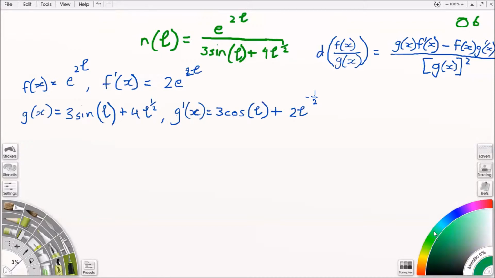Alright, sweet. So now that we have that, we can change back to the green color, I reckon. Now we can take these and derive this so that it looks like this here. So the derivative dn/dl, the change in n with respect to the change in L, is equal to g of x, which is a lovely one to write out.